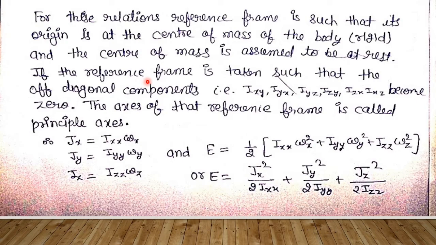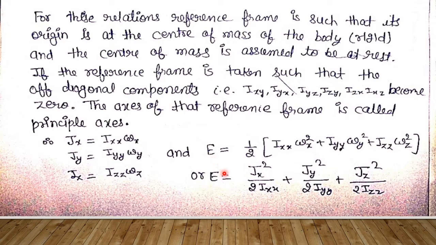If the reference frame is taken in such a way that the off-diagonal elements, Ixy, Iyx, Iyz, Izy, Izx, Ixz, become 0, then the axes of that reference frame are called the principal axes, and Jx, Jy, Jz can be written as Ixx omega x, Iyy omega y, and Izz omega z, because all the other 6 components are 0.